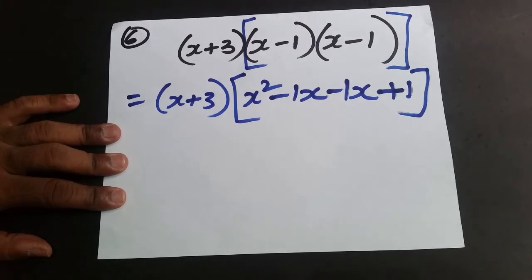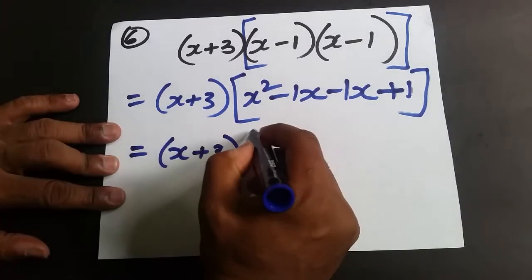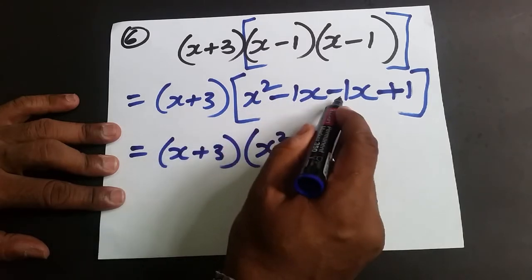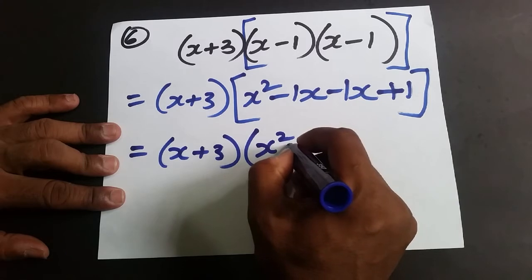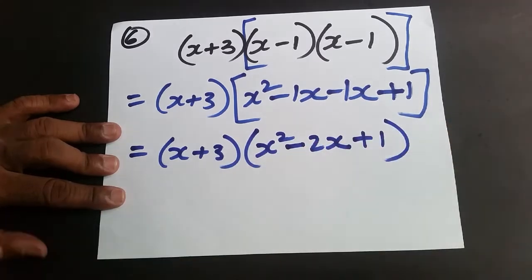So this is what we should have. So this is x plus 3, and this is x squared. You owe one xylophone and you owe another one xylophone. That means in all, you owe 2 xylophones plus 1.